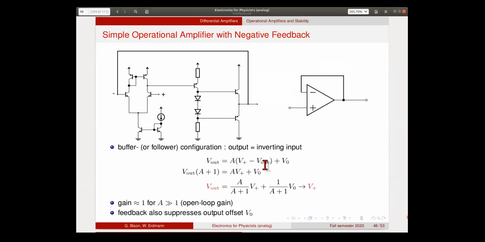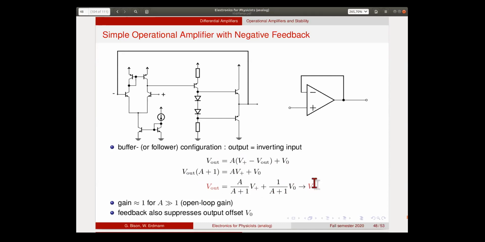So if you rearrange this, then you have the output voltage times A plus 1 on the left-hand side, and A times V plus plus the offset here. So in the end, the output becomes A over A plus 1 times the voltage here, and then 1 over A plus 1 times the offset.